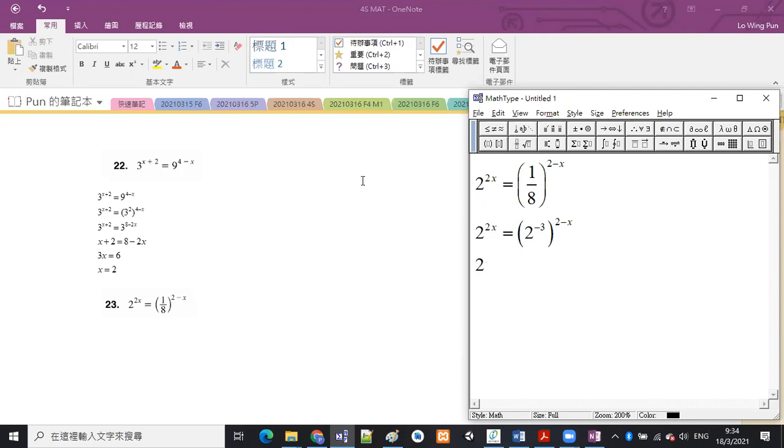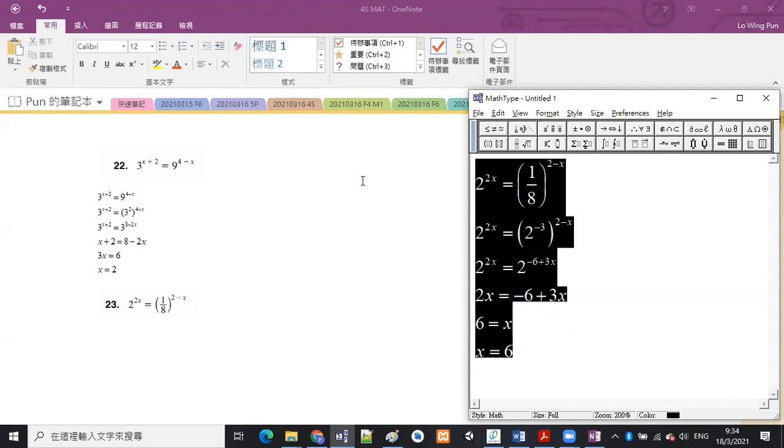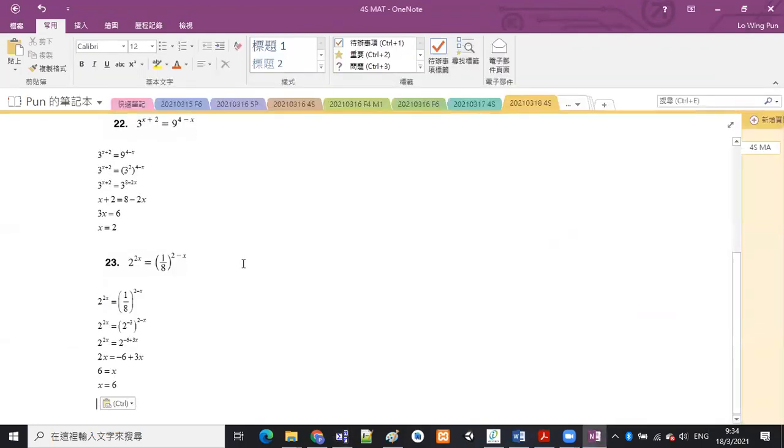Using the law of index to multiply the indexes together, we get negative 6 plus 3x. When both sides are of the same base, we may delete the base and just write down the indexes. 2x is equal to negative 6 plus 3x. Then subtract 2x from both sides, so we find x is equal to 6. That is the answer.